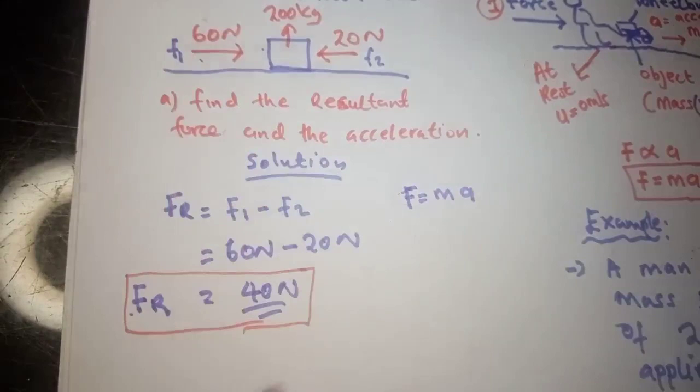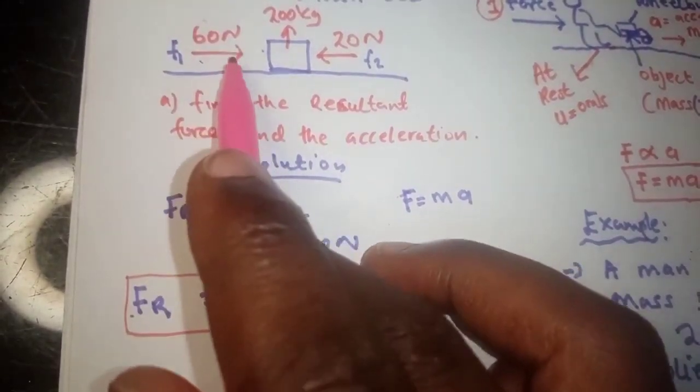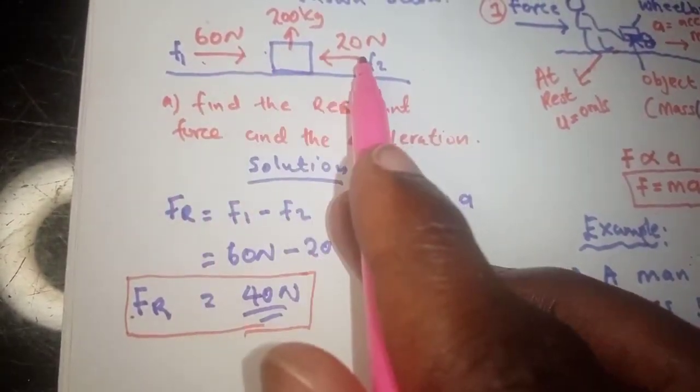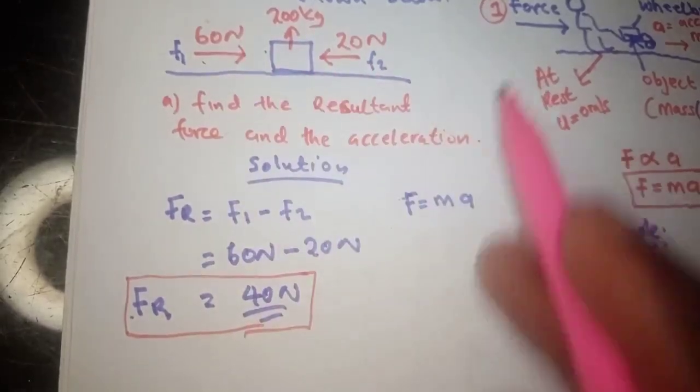So this object is going to move. This force is able to overcome the 20 newton force and it will push the object this side.